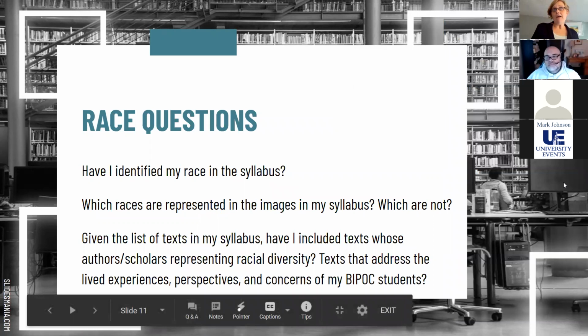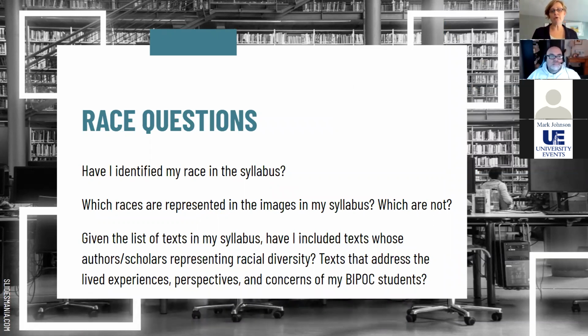So then I put some questions here around race. I think it's really important that we identify our race in the syllabus. I do this by a picture because it's pretty obvious that I identify as white, but on my first day of class, I also say that I identify as white and talk through my other identities as well.